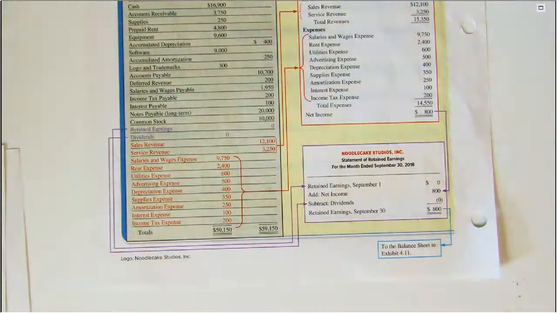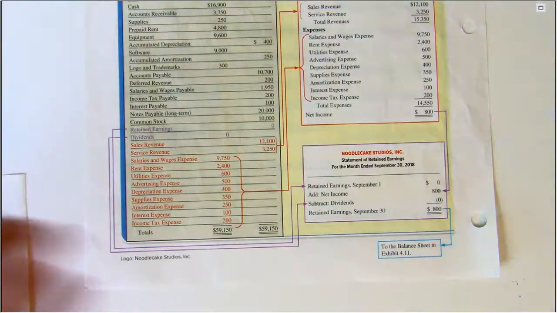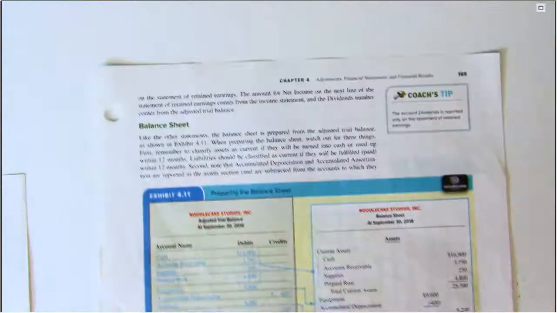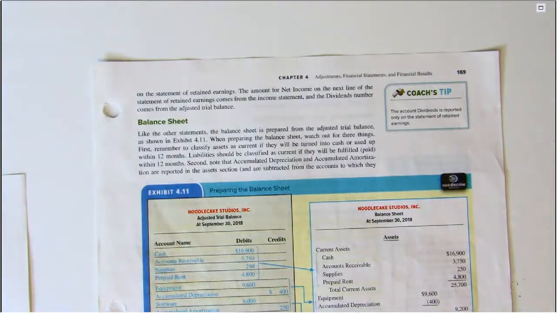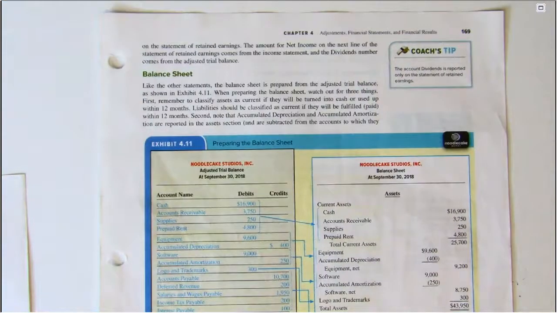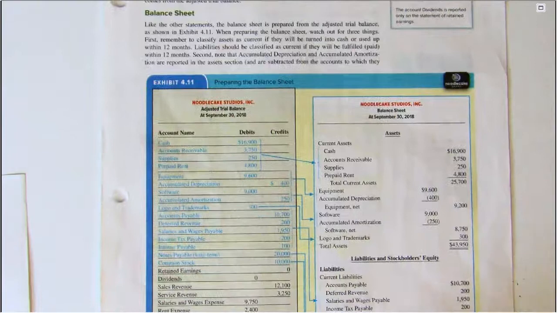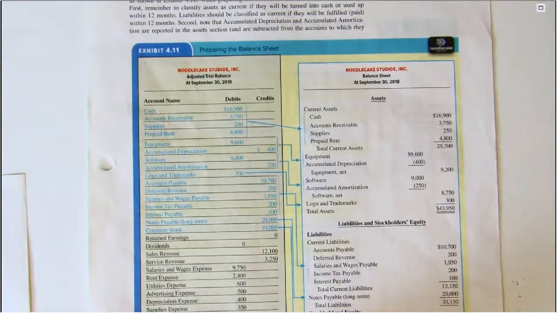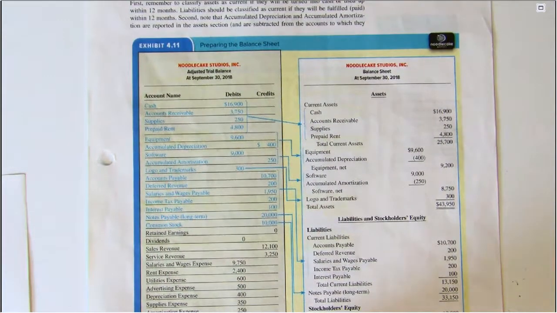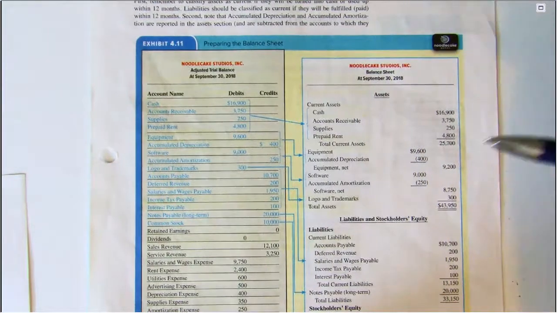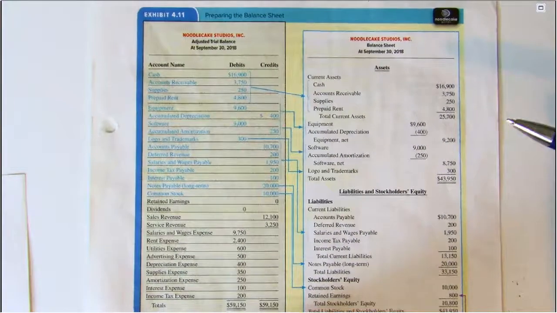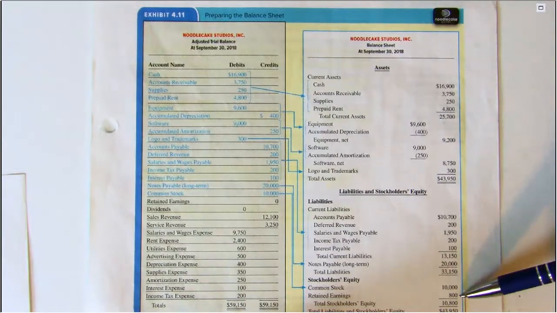The next step is to prepare our balance sheet. And that would be page 169 from our textbook. On this statement, we take the assets, liabilities, and equity accounts from our adjusted trial balance, except we go to our statement of retained earnings to get our ending retained earnings balance.